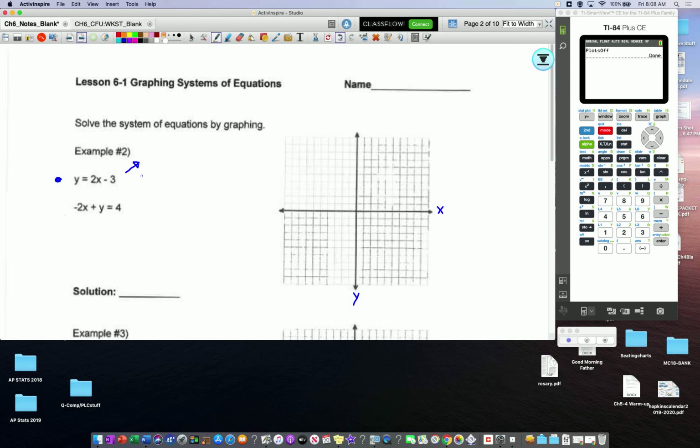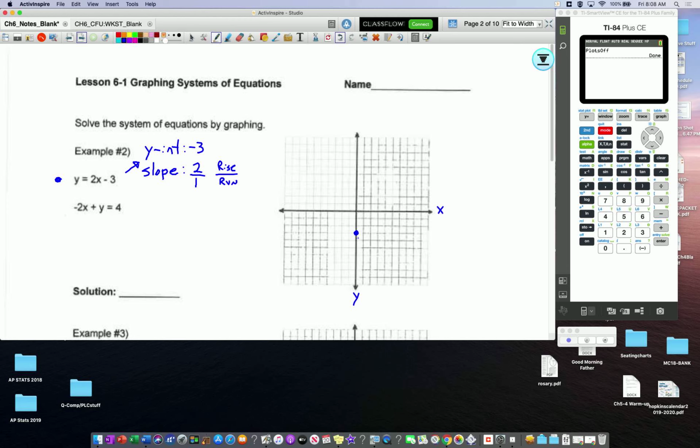So, all right, my y-intercept is -3. So I start on my y-axis at -3. My slope is 2. So 2 over 1. So that means I'm going to rise 2 while I run 1.